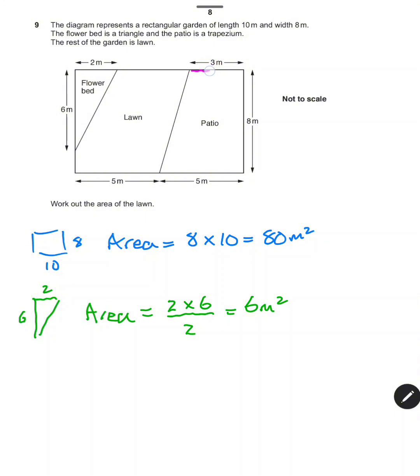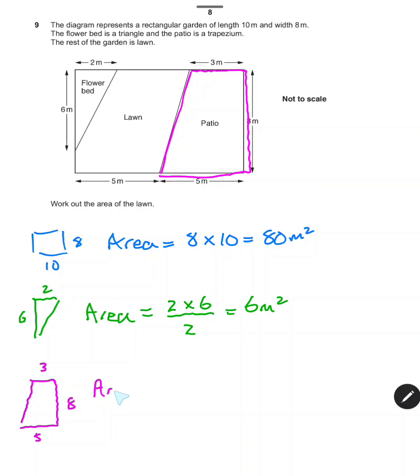And then I can also work on this trapezium. So what we've got is a trapezium that's 3 meters across, 8 meters high, 5 meters across at the bottom, and then this side doesn't actually matter when calculating the area. The area for a trapezium, we need to add these two opposite sides together, half my answer, and then multiply by 8.